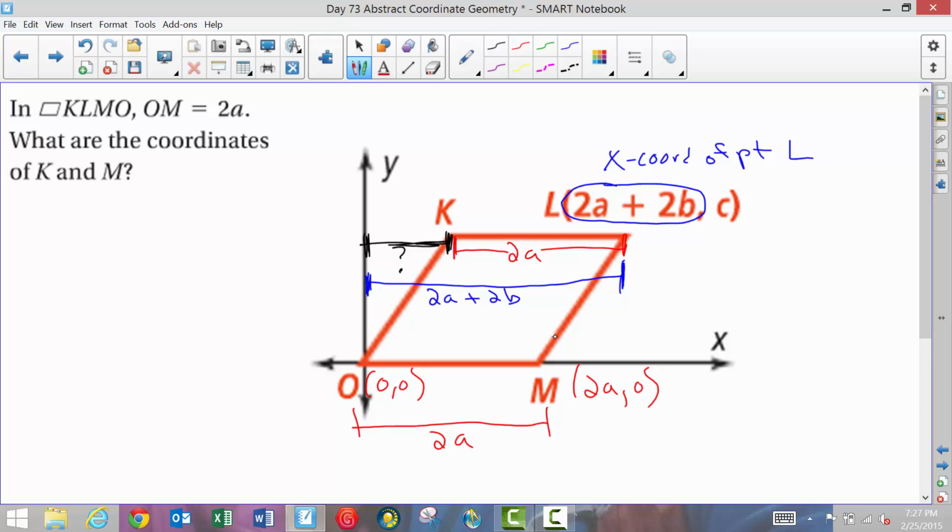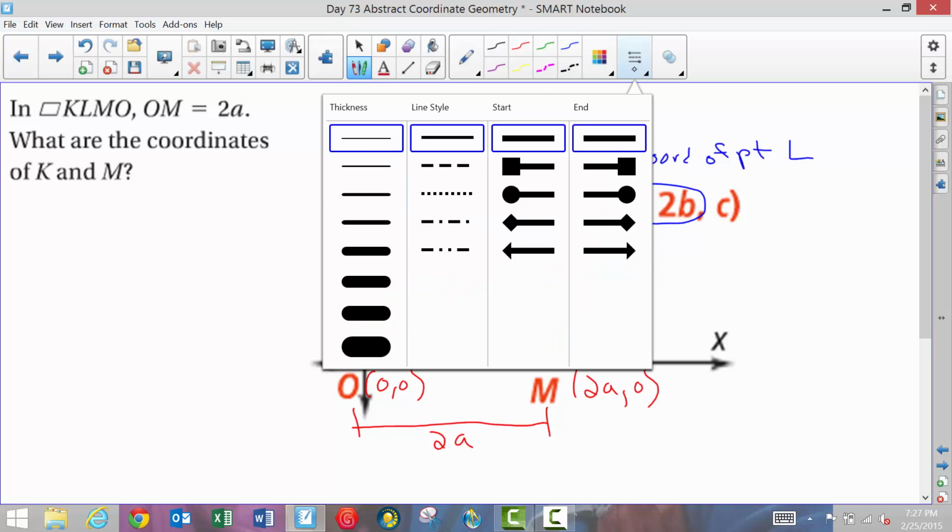Well, let's use segment addition. If I know that this part from K to L is 2a, what's missing to make it equal to 2a plus 2b? Well, the answer is pretty easy. If I have 2a and 2a, what's missing? What's missing is 2b.